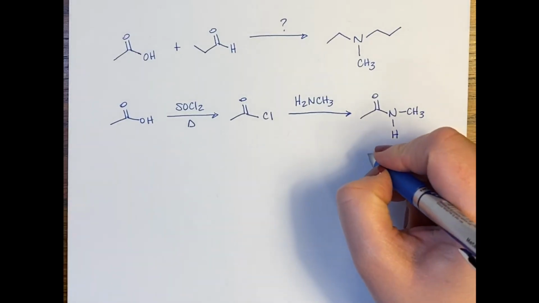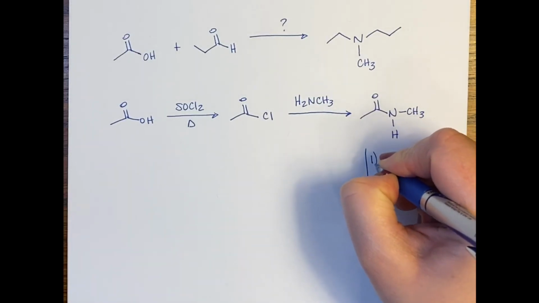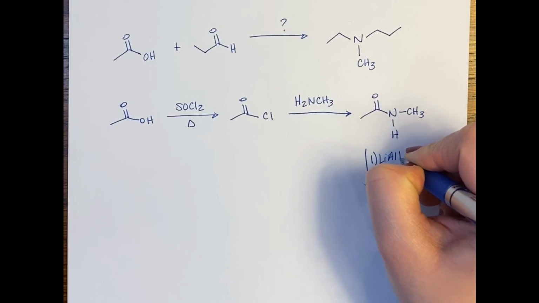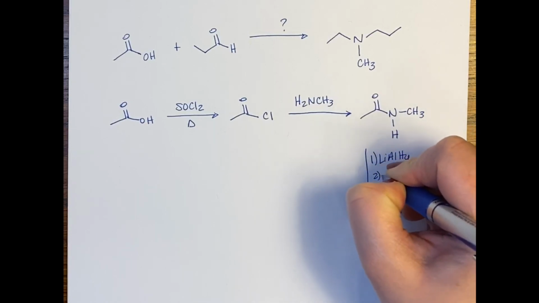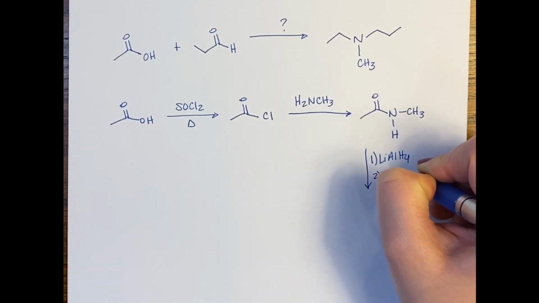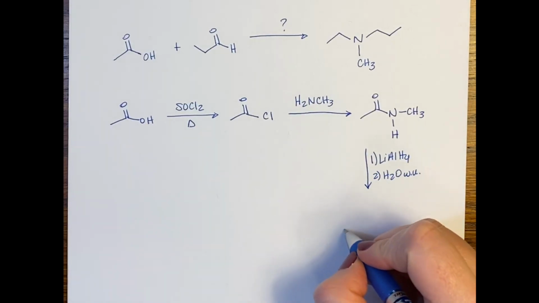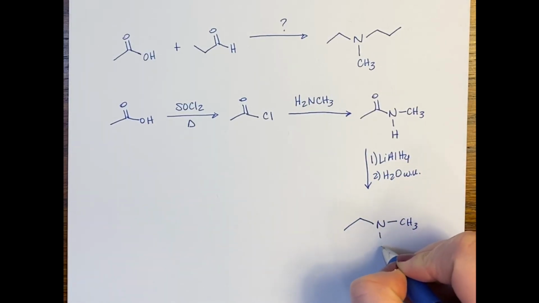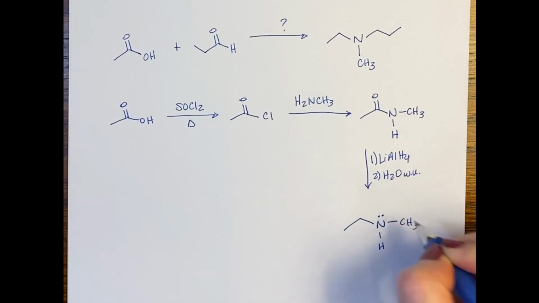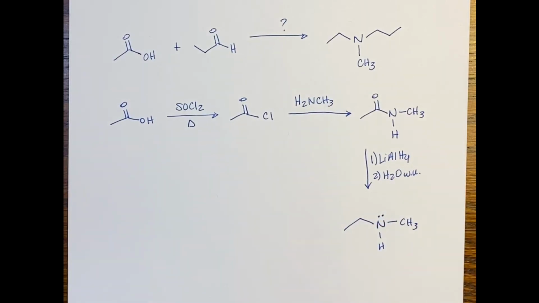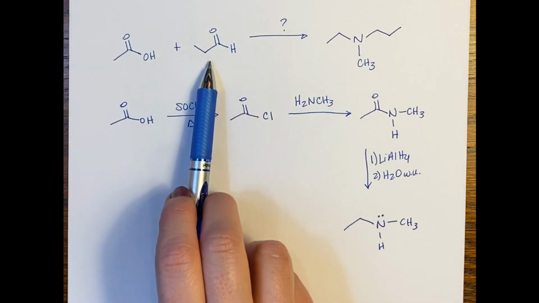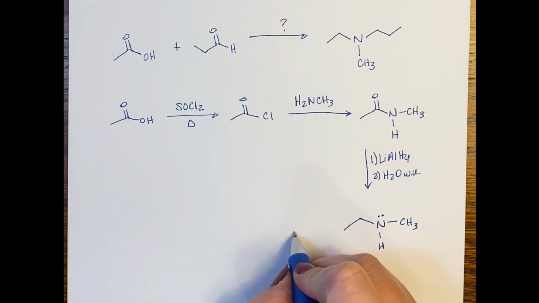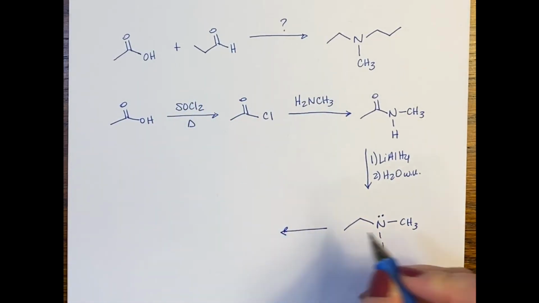I could take this amide and do a reduction with lithium aluminum hydride, followed by a water workup, and that would give me this secondary amine as the product. I could now use this secondary amine in a reaction with my 3-carbon aldehyde in order to make an enamine.